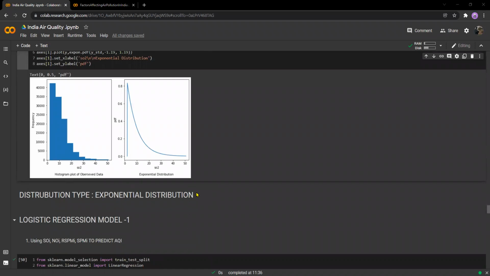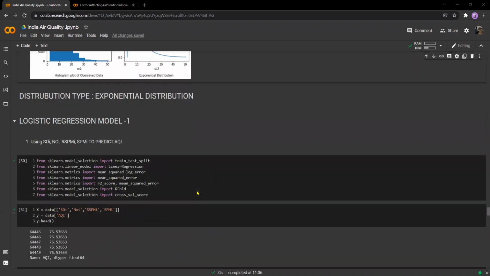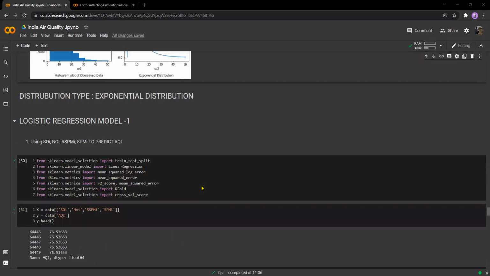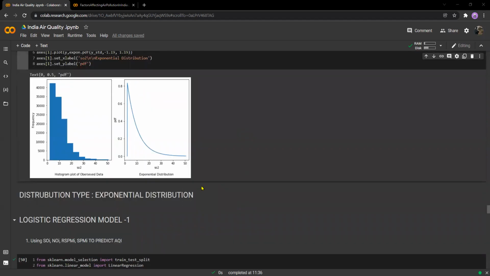As you can see, the value is least for the exponential distribution. So we can decide our distribution is an exponential distribution, which is a non-normal distribution. So we have used a non-parametric test, the Spearman correlation test, for our hypothesis testing, which got a p-value greater than 0.5. So we can do our further analysis on this data.